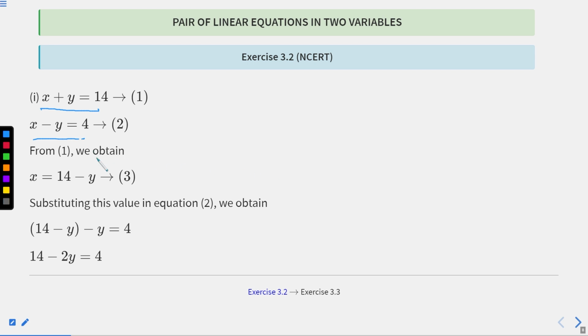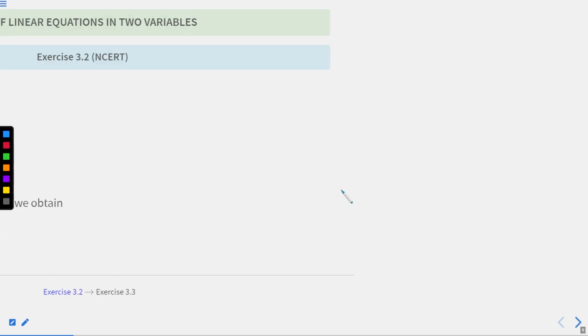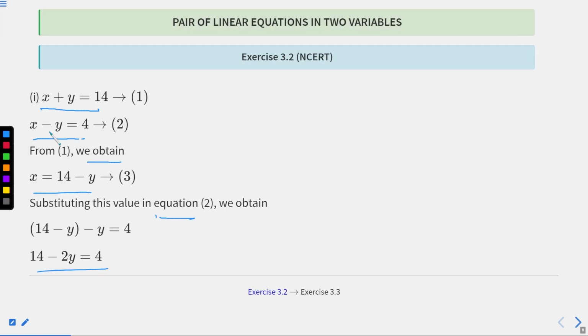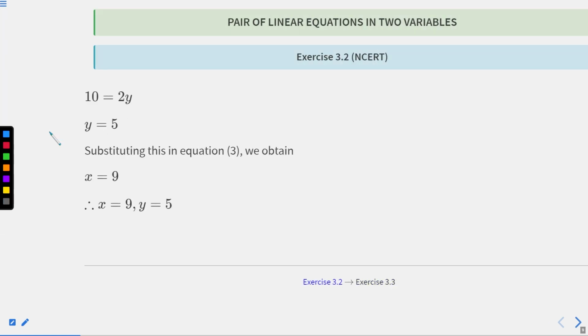From equation 1 we obtain x equals 14 minus y. Now substituting this value in equation 2, we obtain 14 minus y minus y equals 4, so 14 minus 2y equals 4. This implies 10 equals 2y, so y equals 5.